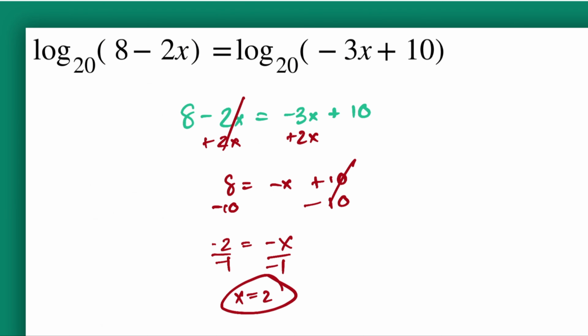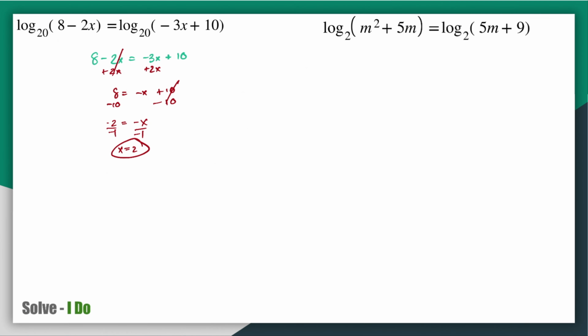Now let's verify that, right? 8 minus 2 times 2, that would be 8 minus 4. Okay. And we get 4. And then here, negative 3 times 2 is negative 6. Negative 6 plus 10 is 4. So we got the same number. This works.